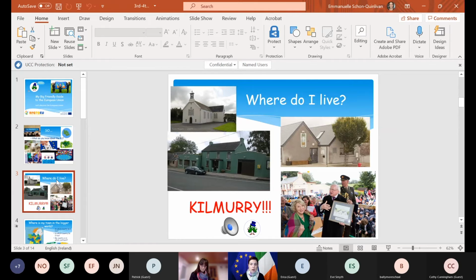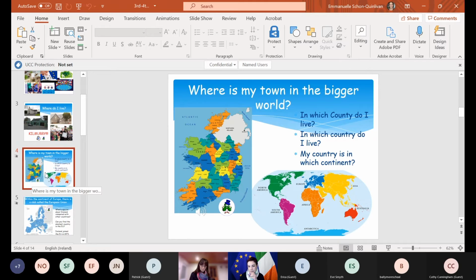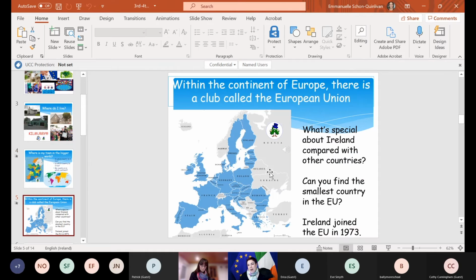And then that's what I wanted to say as well. We start this program very locally. So Shamey Shamrock lives in Kilmurray. And we discuss the differences between a village, a city, a town, and so on. And we build it up. Then we move to the level of the country, the global level, and then we bring it back to the club level.